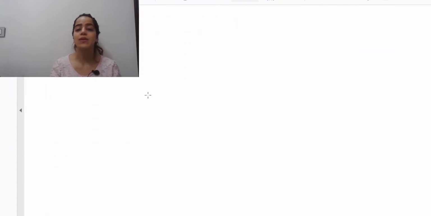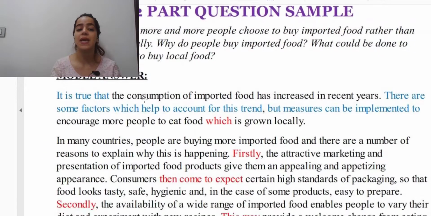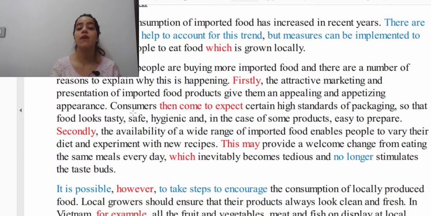So let's get back to the question that I just read for you, and go for a sample answer to understand how exactly we should divide our paragraphs. In the introduction part, I would say: It is true that the consumption of imported food has increased in recent years.